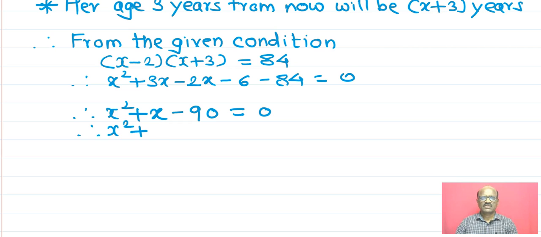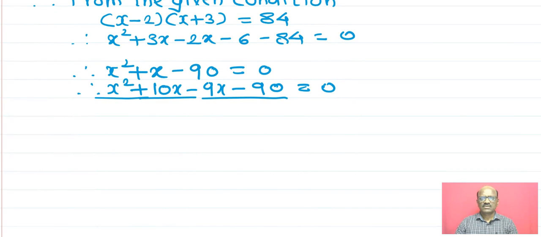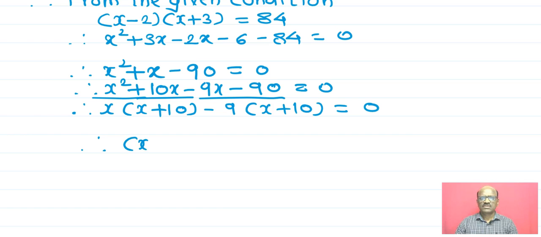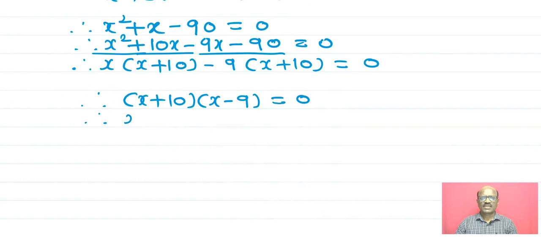Therefore, x square plus 10x minus 9x minus 90 equals 0. Underline the first two terms, then the next two, and take x common. x plus 10 minus 9 in bracket (x plus 10) equals 0. Therefore, (x plus 10)(x minus 9) equals 0.